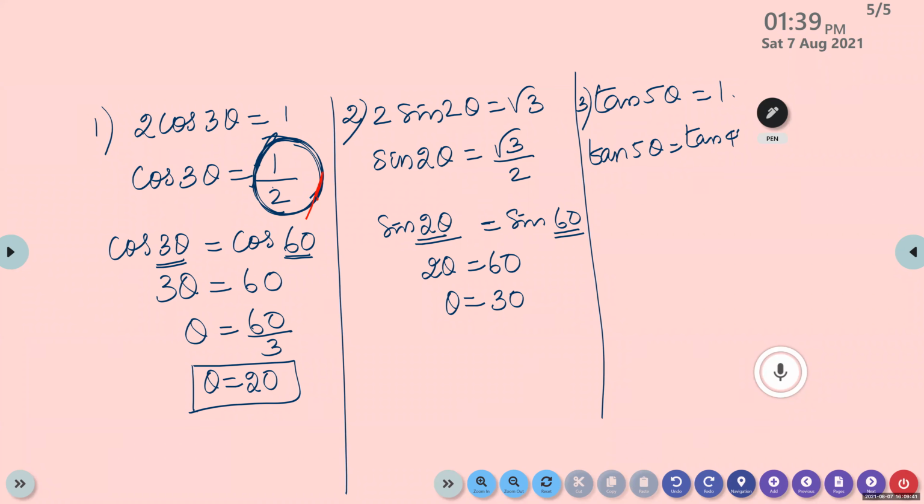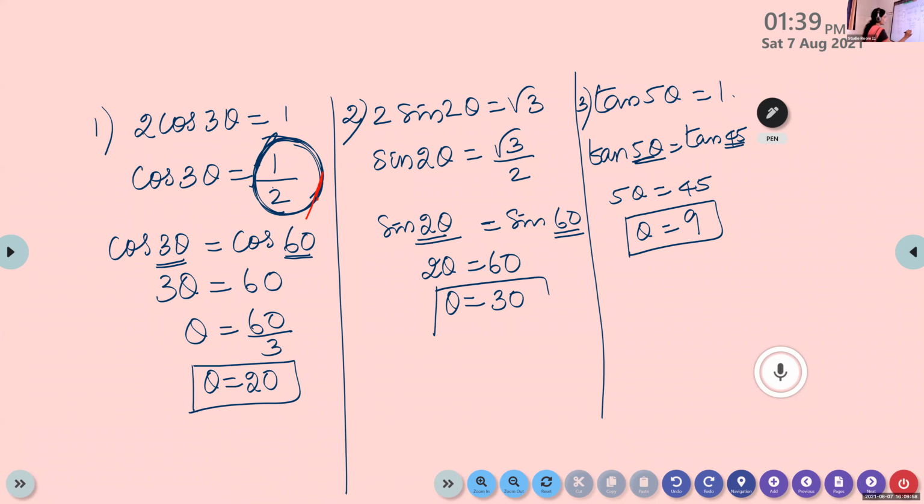So comparing, 5 theta is 45. Therefore, what is theta? 9. Theta is 9. So these types of questions are all important 1 mark questions.